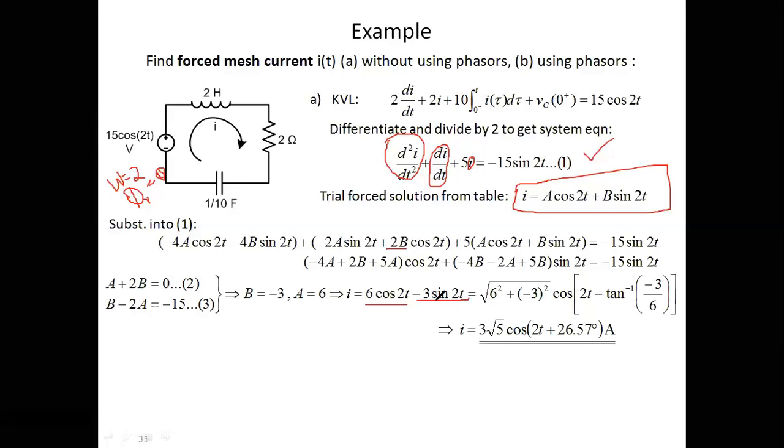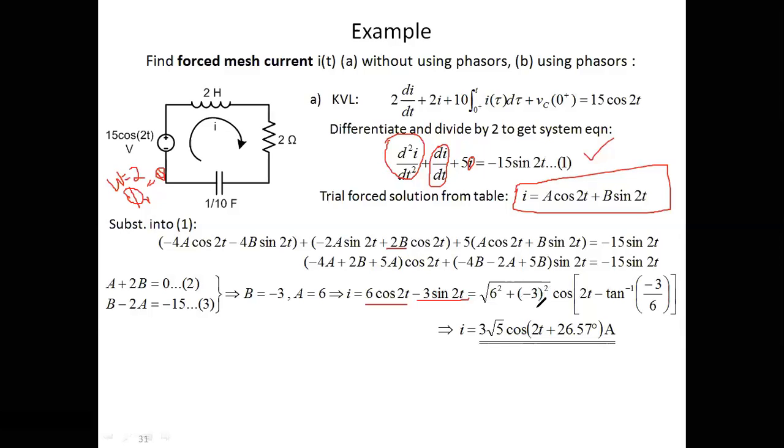Once you have that, the next thing you do is find the magnitude and the phase angle from here. You just convert it back to the magnitude and the phase angle. It becomes very easy. To get the magnitude, it will be the square root of 6 squared plus 3 squared, and that should give us 3 root 5.